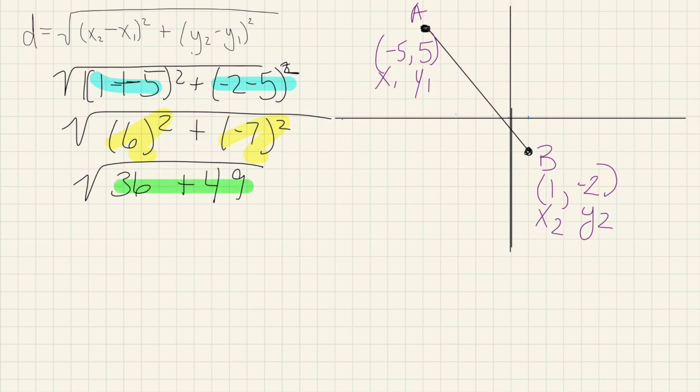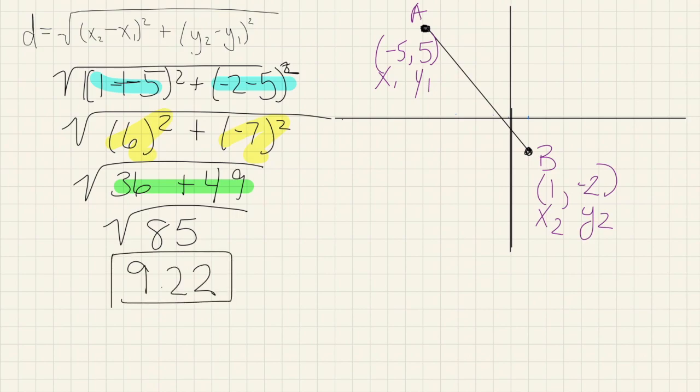So then we're going to add those together, which will give you 85, and then you take the square root of that, which will give you 9.22. All right, and that's the end of distance formula.